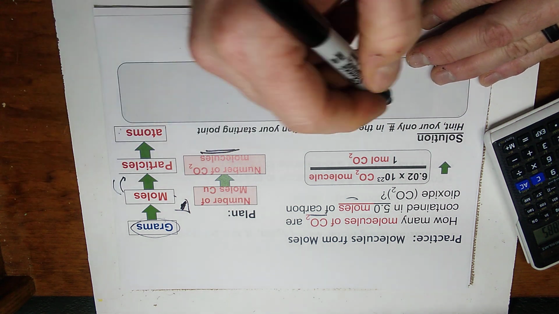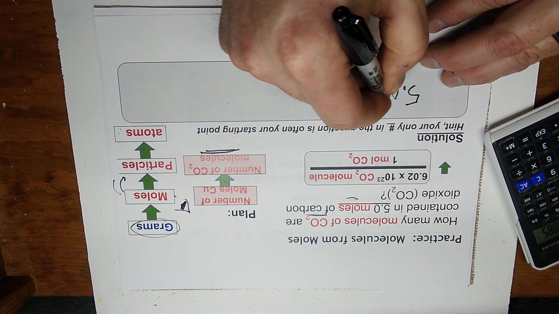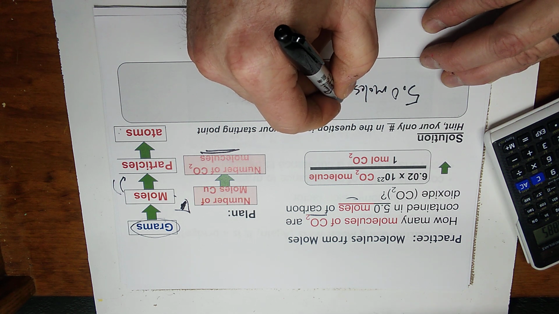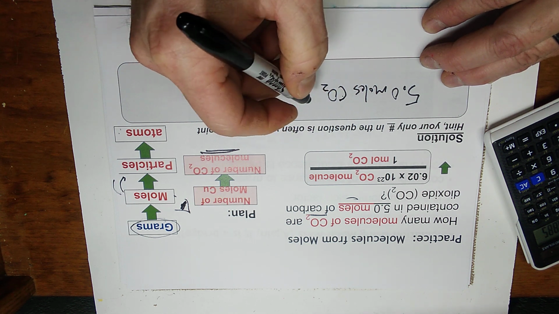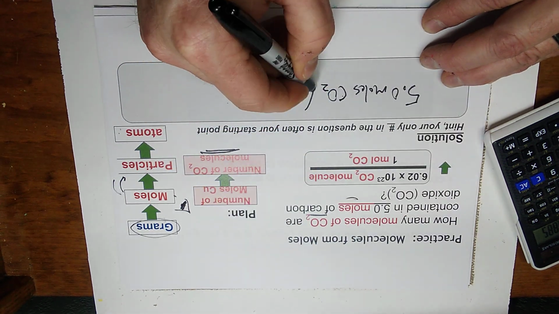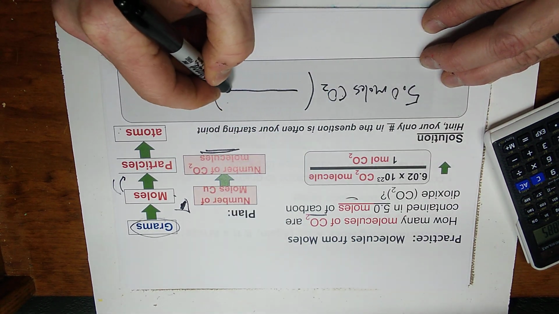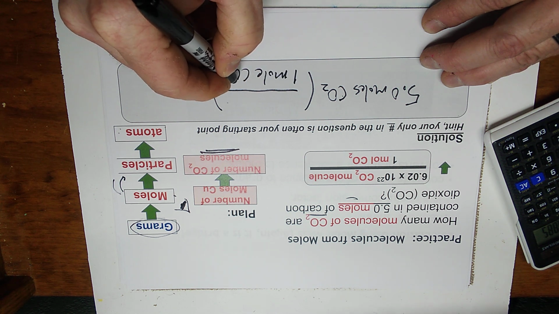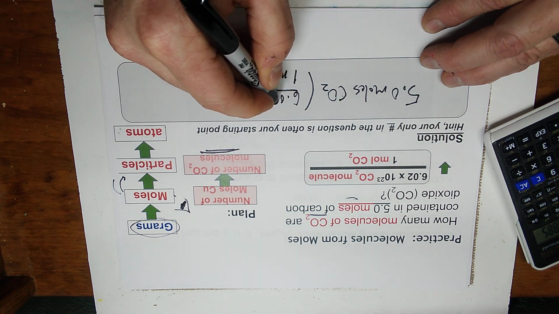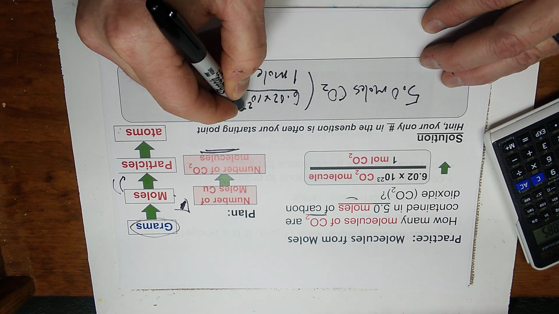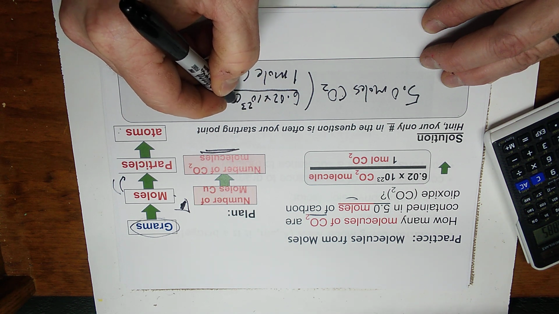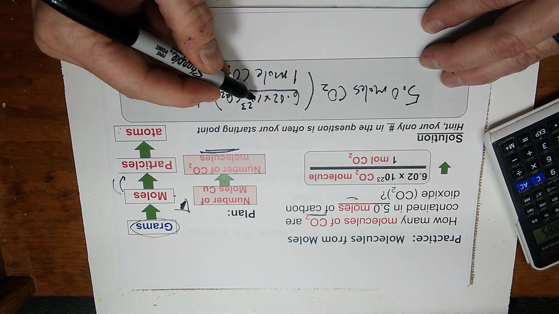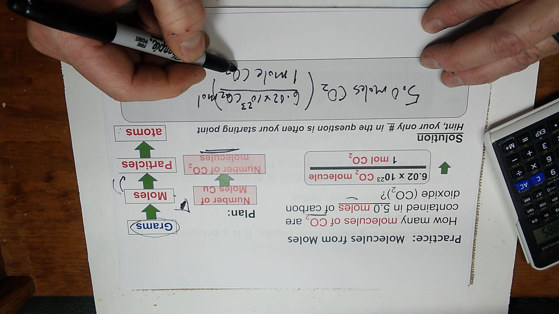So I can just set this up as, I have 5.0 moles of my CO2. They want to know how many molecules of CO2. I can say, I remember Avogadro's number. For every 1 mole of CO2, I have 6.02 times 10 to the 23rd CO2 molecules. I have this many molecules for every 1 mole of it.